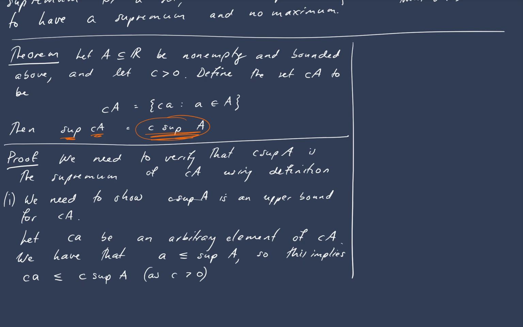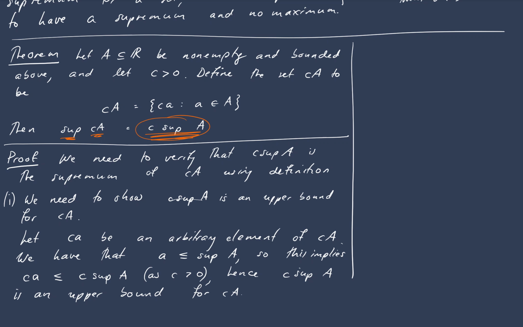Okay, so the inequality doesn't get flipped around because c is a positive number, and hence c sup A is an upper bound for CA.